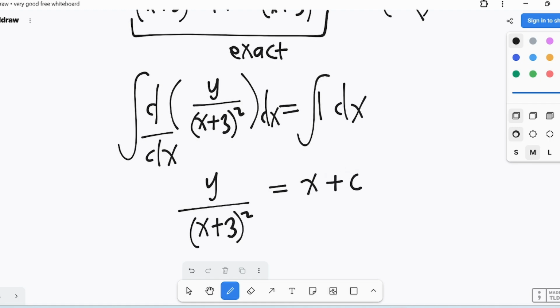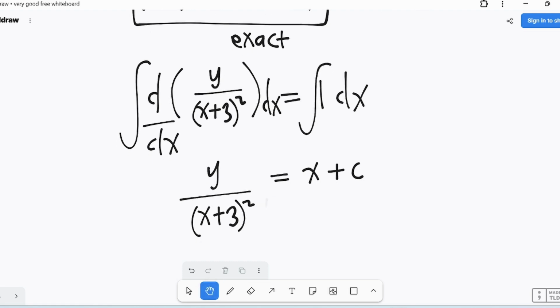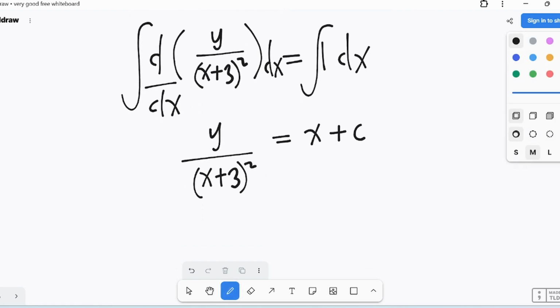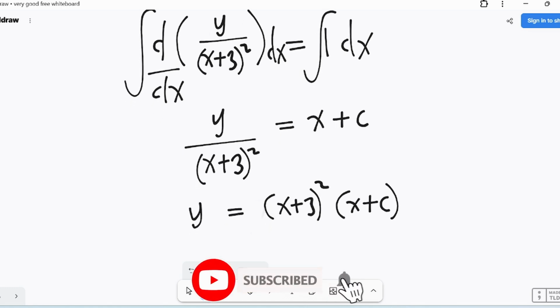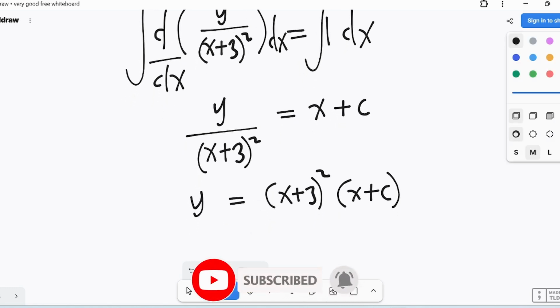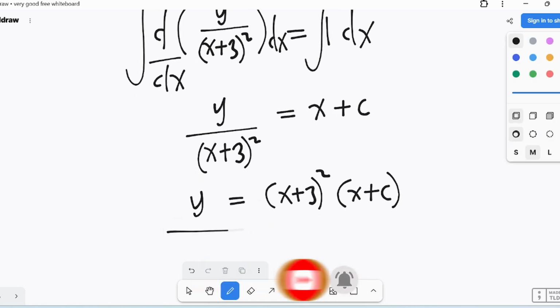Now we can go ahead and get our y. So our y eventually is equal to (x + 3)^2 times (x + c). And this is the general solution of our differential equation.